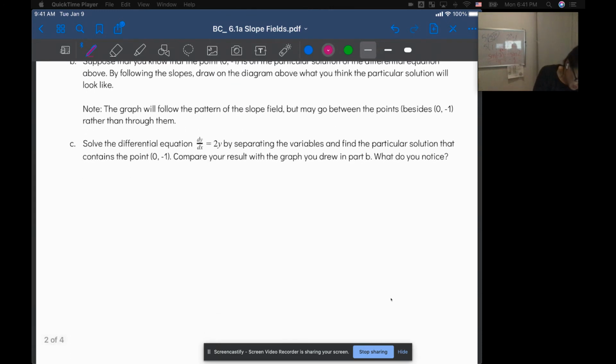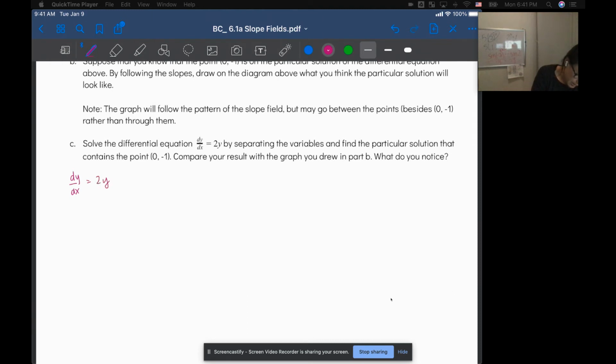So I'm going to start with dy dx is equal to 2y. To find the particular solution of a differential equation, we separate and integrate. So I separate. Oh, that's not an x, this is 2y.